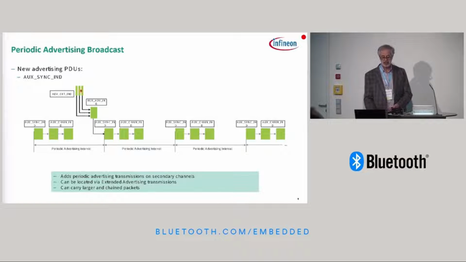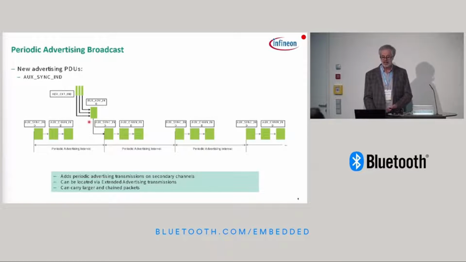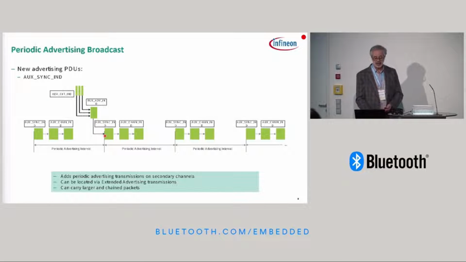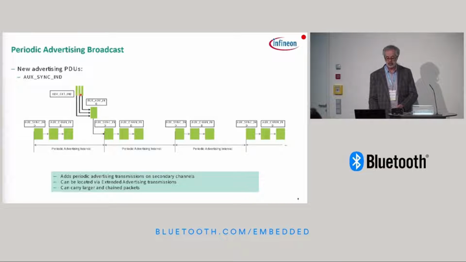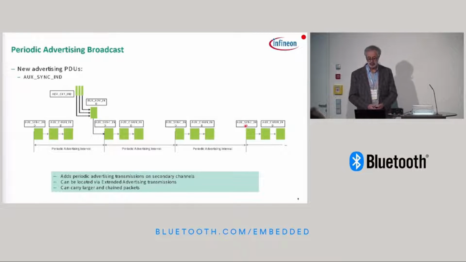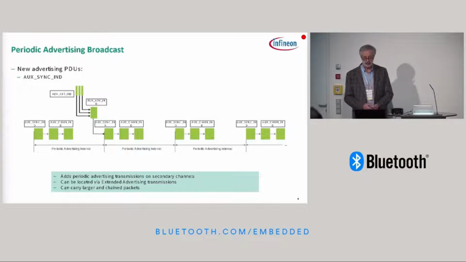So the scanner will listen to the triplet, listen to the aux broadcast, and find the sync. After that, the data comes periodically, meaning that after the scanner listens to the first aux sync indication, it doesn't need to go to the primary. It will start periodic listening, and it will be able to get all the information it needs.